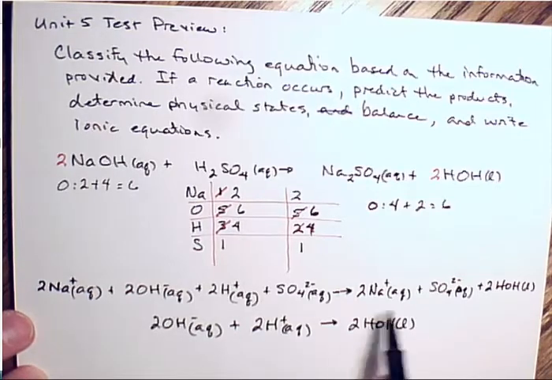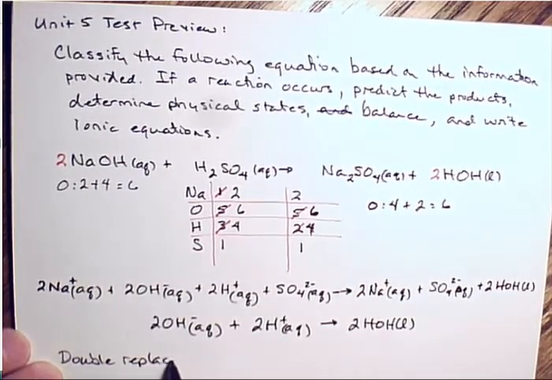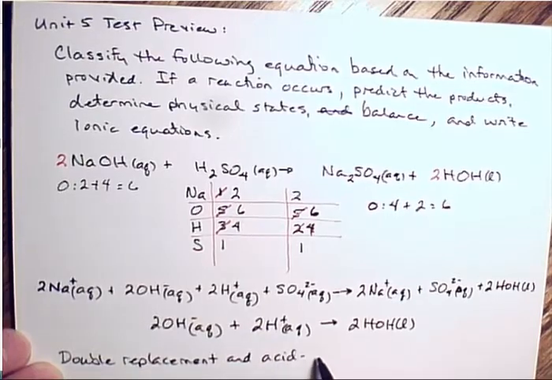I prefer HOH when I'm doing acid-base reactions because it shows how the thing came together. Okay? And so I need to classify this. I kind of waited until the end, even though it was one of the first things we put up here. This is a double replacement reaction, but it is also that subcategory of acid-base, and I have to classify it in both ways.